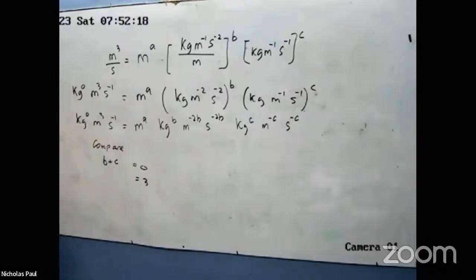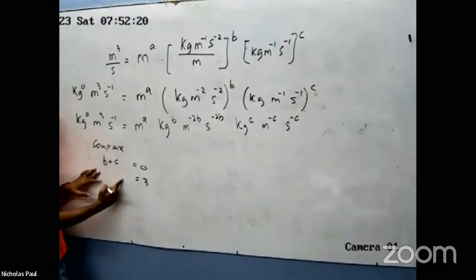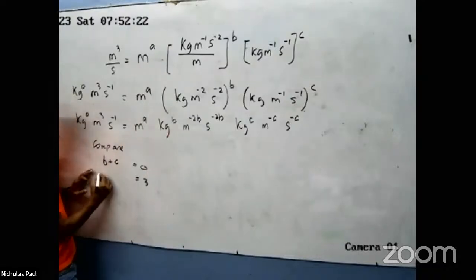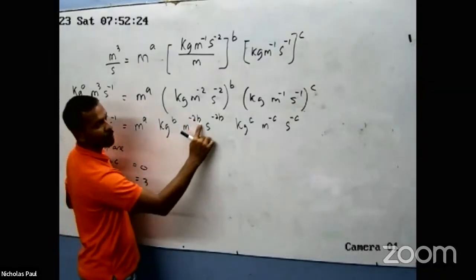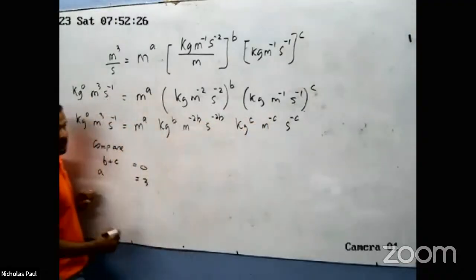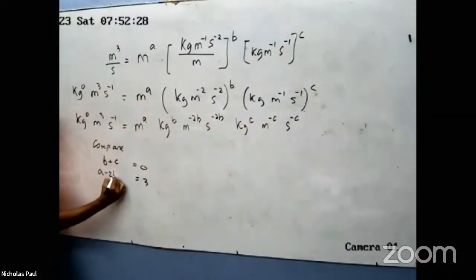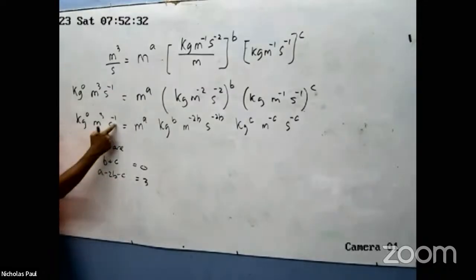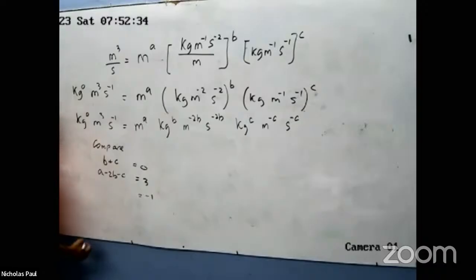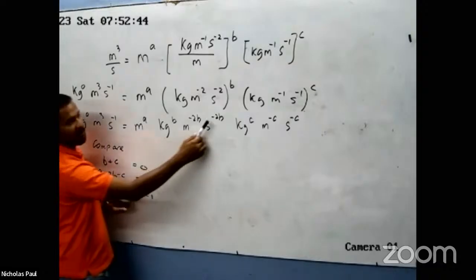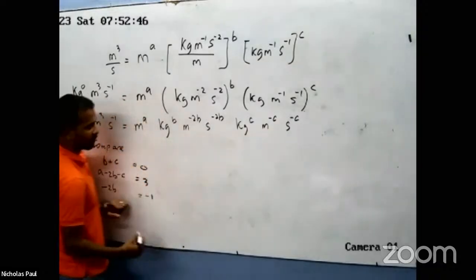What you'll get? a minus 2b minus c, so a equals 3 plus 2b plus c. All right. Last one. s is what? s is minus 2b minus c.